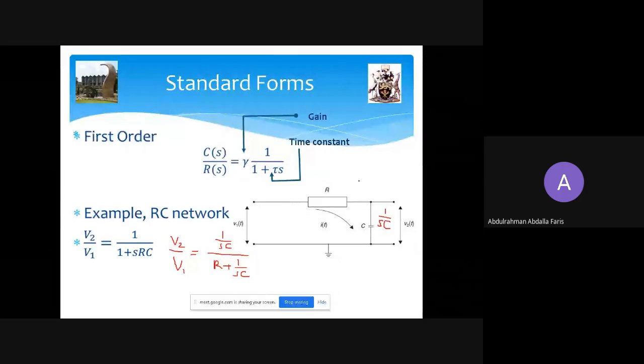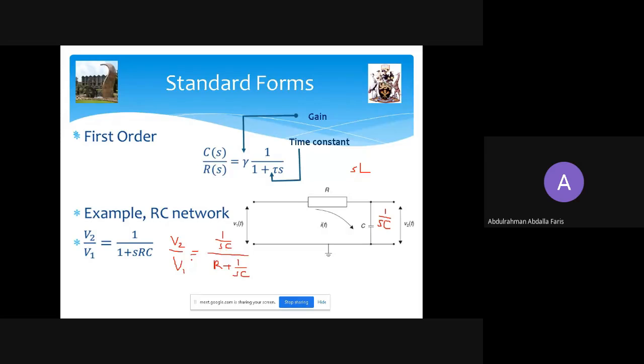If you have an inductor, you can just have SL. Is that okay? Rather than doing a lot of arithmetic and differentials, this is the fastest way: you just transform a capacitor as 1 over SC and an inductor as SL, and then you treat them as impedances.